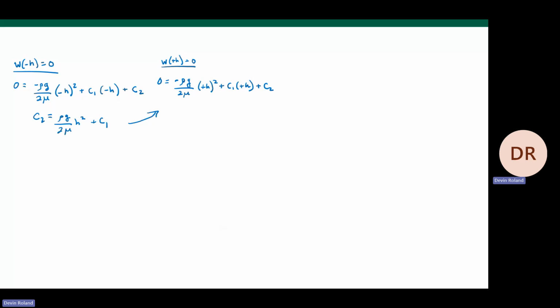Now plug into that second equation, and we get 0 equals negative rho g over 2 mu h squared plus C1 h plus rho g over 2 mu h squared plus C1 h.